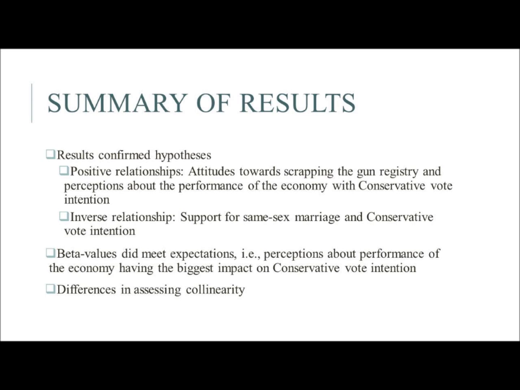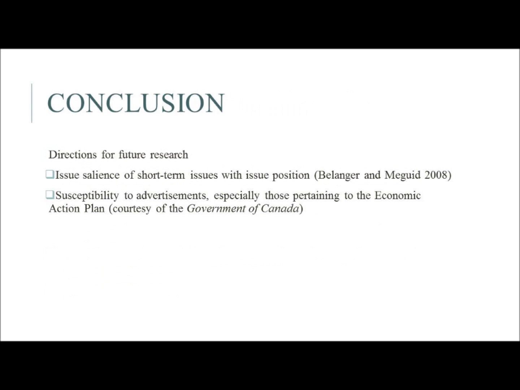The standardized regression coefficients, or the beta values, did meet my expectations. In assessing for collinearity, the tolerance values and the Pearson's R values differ in terms of determining whether or not the independent variables used in this analysis were closely related.